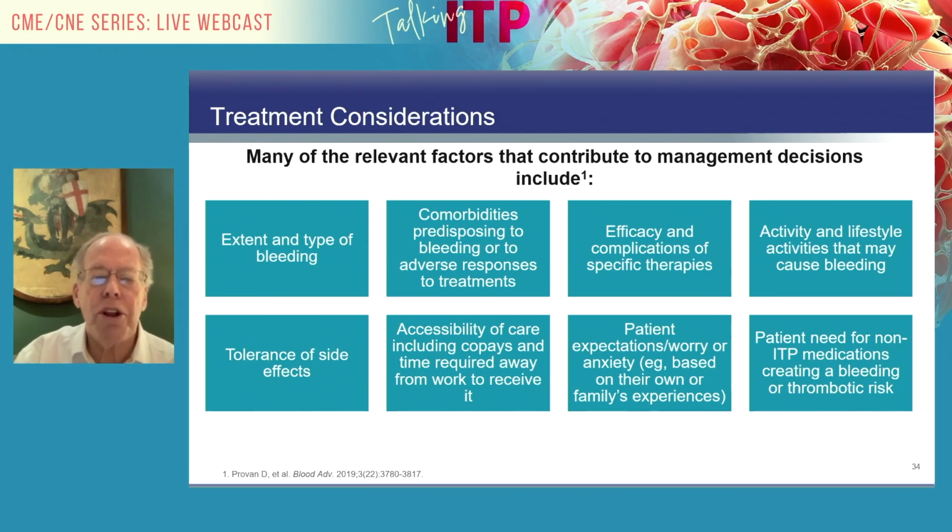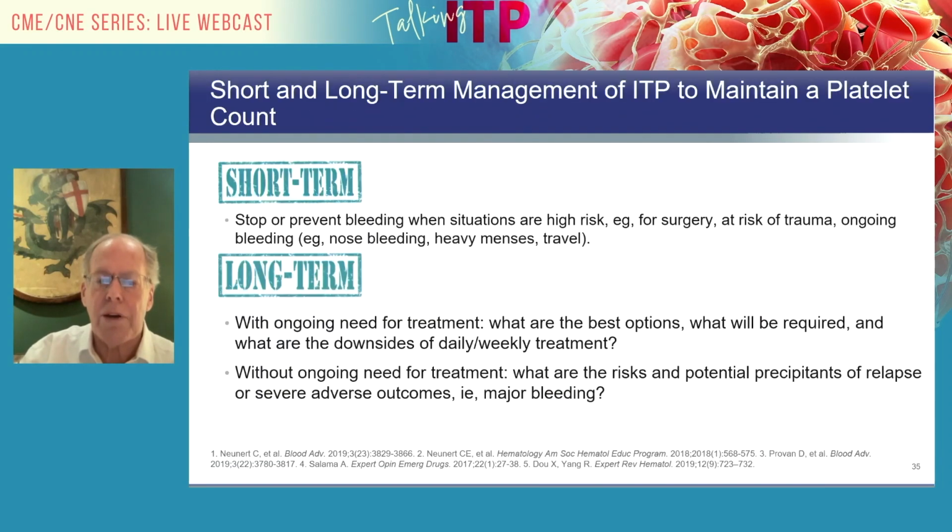And then accessibility of care, including not only the copays, but how much time would be required away from work to receive a given treatment? And then what are the patient expectations, worry, or anxiety? And those can sometimes be based on their family's experience or those of friends. And finally, are they on other medications that are going to create a bleeding or thrombotic risk, and so on?